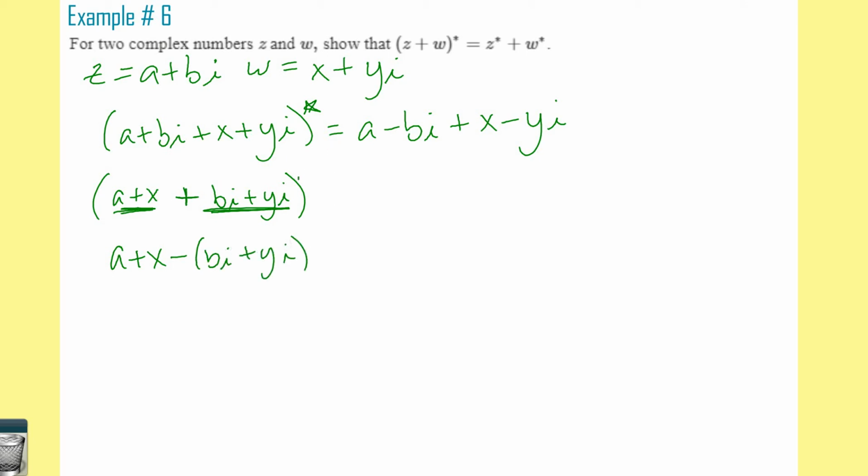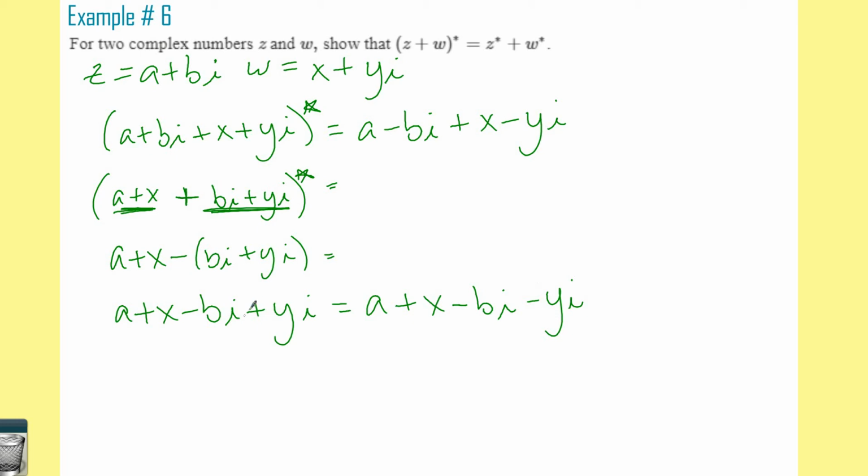That's how we do the conjugate of that. So then we get a plus x minus bi minus yi, which, notice, is what we have over here. Distribute the negative, otherwise your proof's wrong.